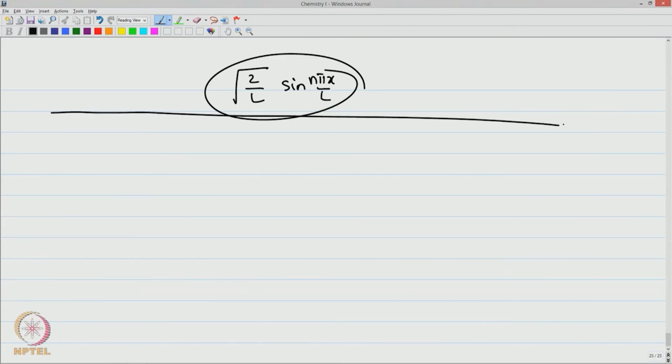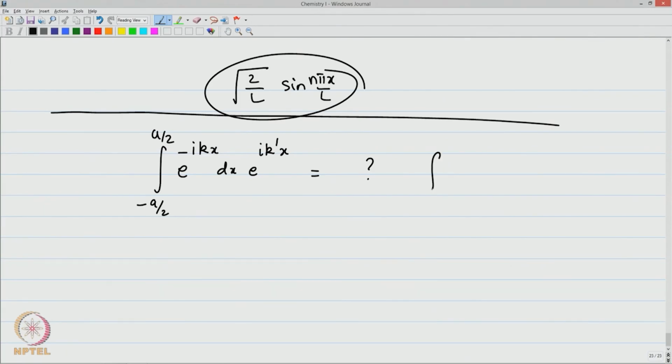What about the orthogonality? The integral of e to the minus i k x times e to the i k prime x dx from minus a by 2 to plus a by 2. I would like you to calculate this integral and find out what the behavior of this is.